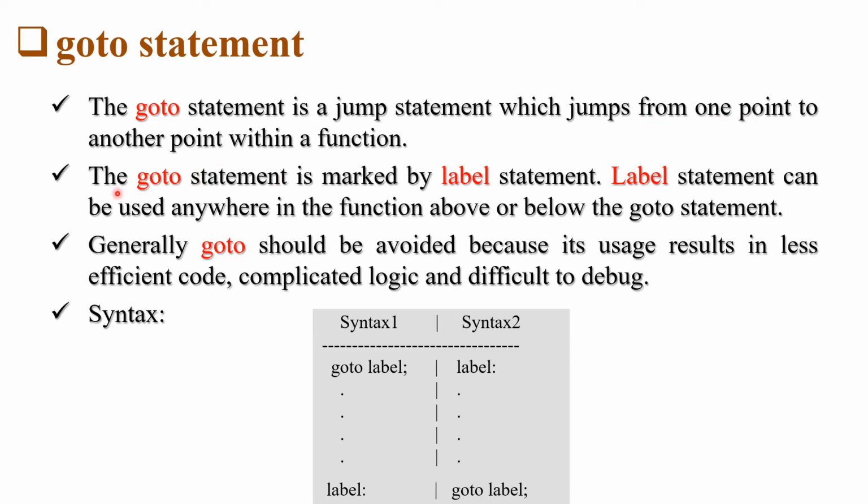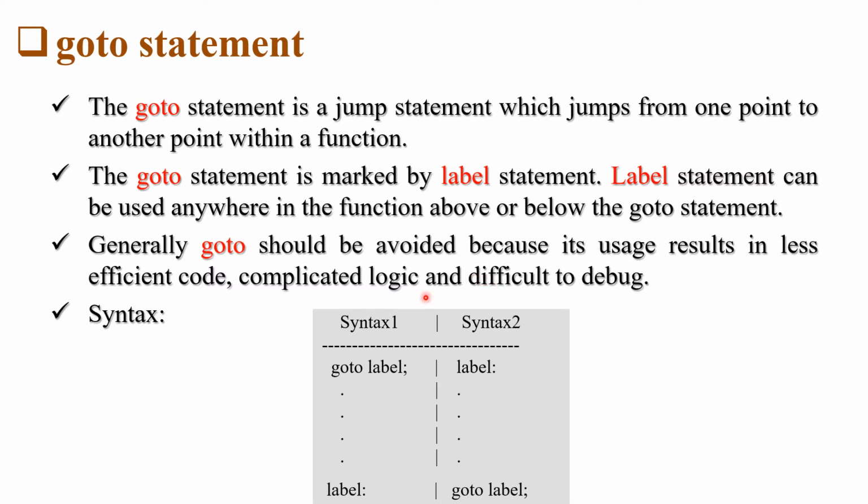The go to statement is marked by a label. A label can be used anywhere in the function, above or below the go to statement. Generally, go to should be avoided because its usage results in less efficient code, complicated logic and code that is difficult to debug. That's why the go to statement is generally avoided.